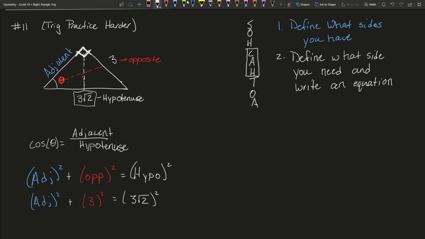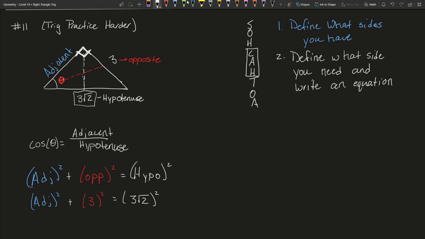We do that for every triangle. If this was asking for the sine of theta, we already have the opposite and the hypotenuse, so you wouldn't actually have to do this. You really only have to do this when you have two sides, but the one side that you need is not one of those two sides. For example, we need the adjacent side for this one. We have the opposite and hypotenuse, so we need to find the adjacent.